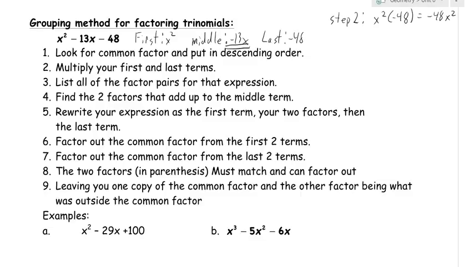What multiplies together to be what you get in step 2, but adds together to be the middle term of your trinomial. So that's what steps 3 and 4 do for you. Steps 3 and 4 find you what multiplies together to be the negative 48 in this case, and adds together to be our middle term, negative 13.